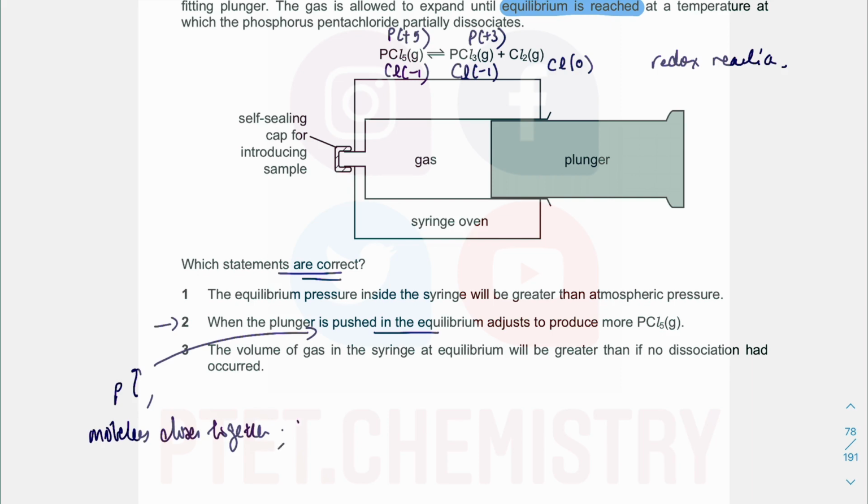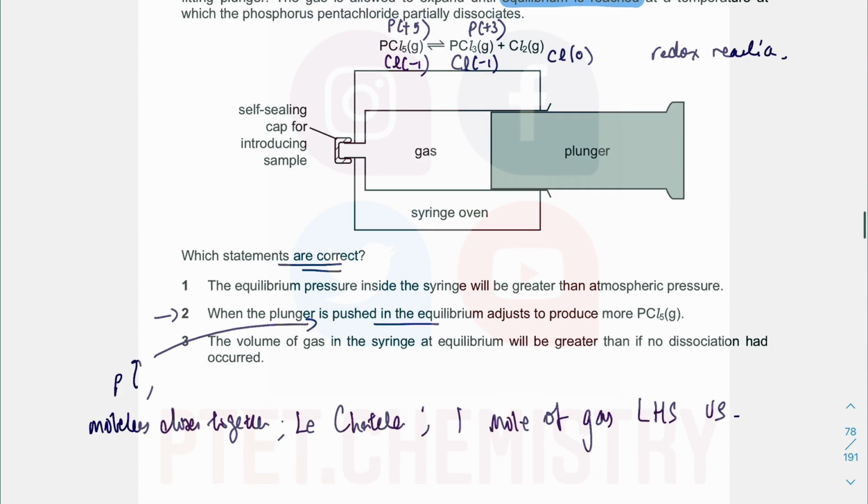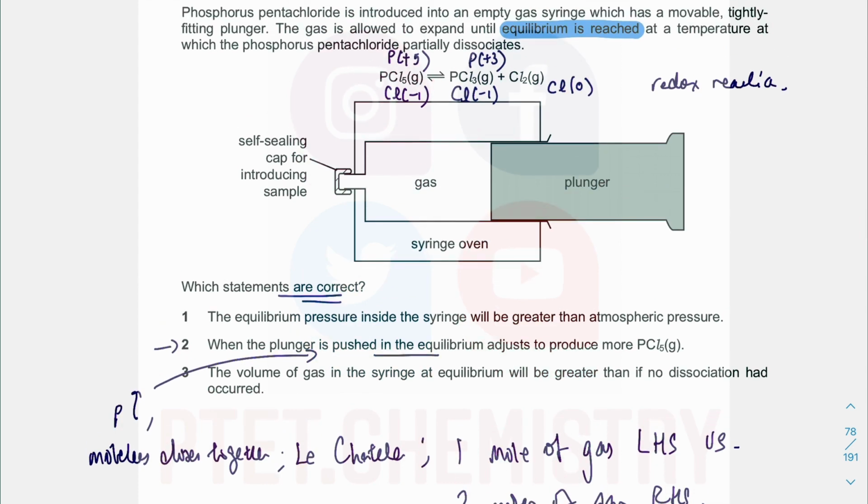But look at equilibrium, Le Chatelier. You have 1 mole of gas on the left and 2 moles of gas on the right. So when you increase the pressure, the equilibrium tries to decrease the pressure by shifting to the side with fewer gaseous molecules.